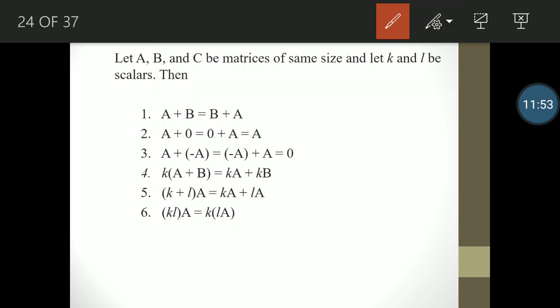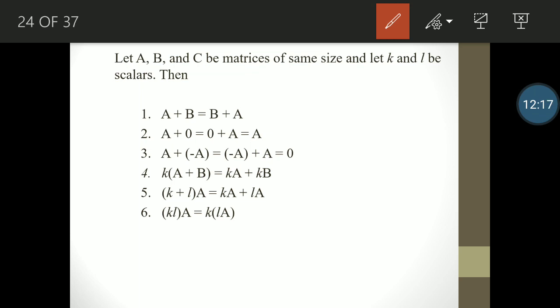Fifth, the addition of two scalars k plus l, multiplied with our matrix, will be equal to the first scalar multiplied with the matrix plus the second scalar multiplied with the matrix.